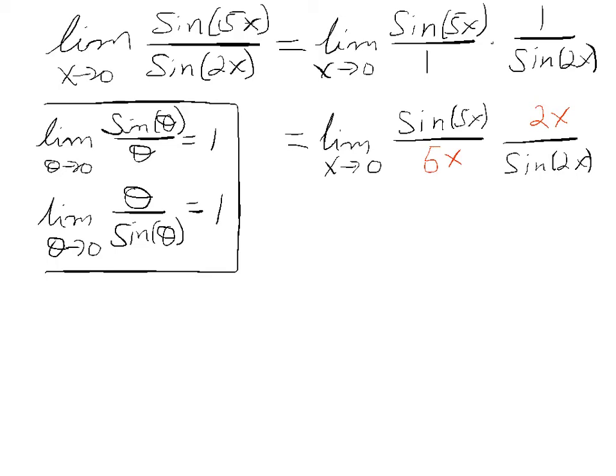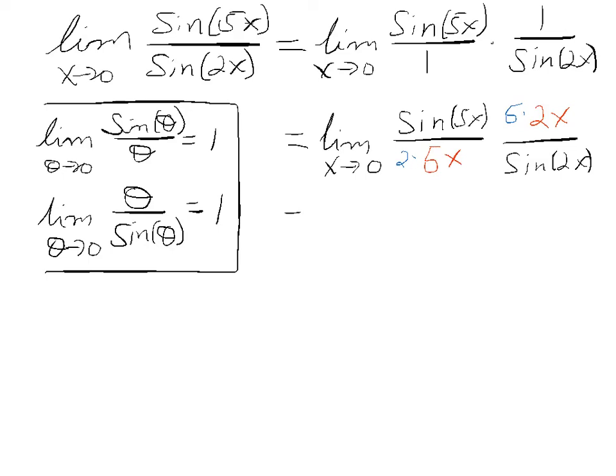Okay, well, I can't just multiply by a 5 here and a 2 here. The x's will cancel. So I need to multiply by 1 so I don't change the value of this limit. So I'm going to multiply this by a 5. I'm going to multiply this guy by a 2. And then I'm multiplying by 2 times 5 times x and 2 times 5 times x. So I haven't changed the value of this limit.